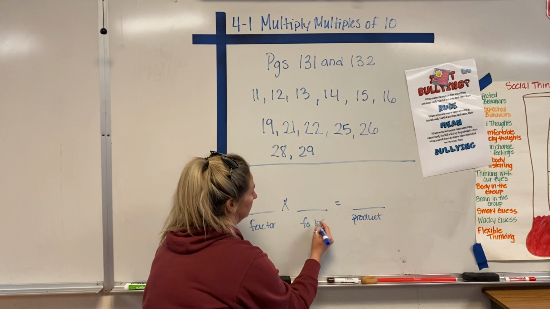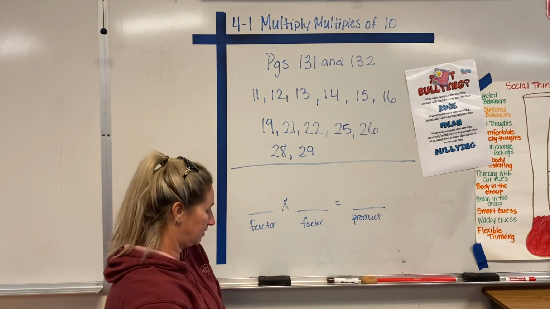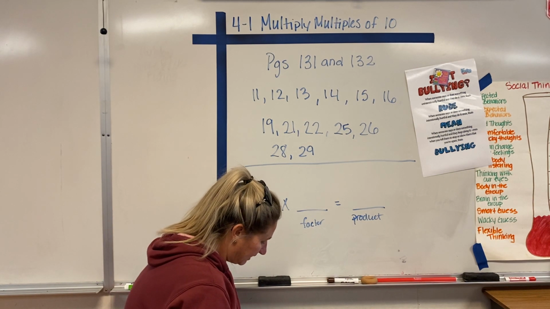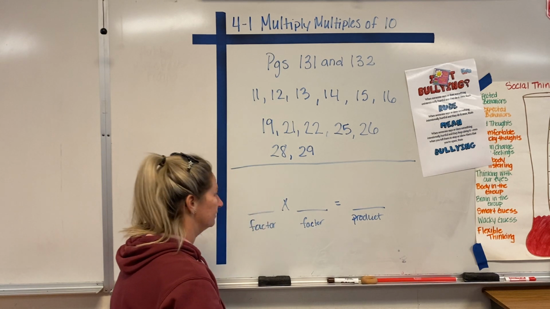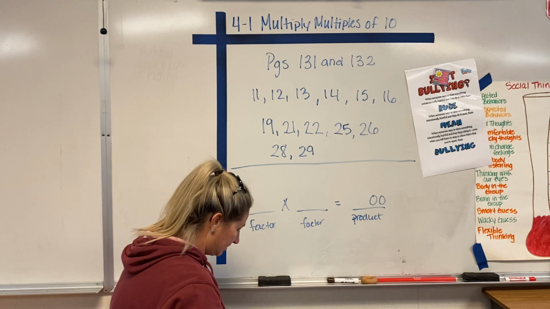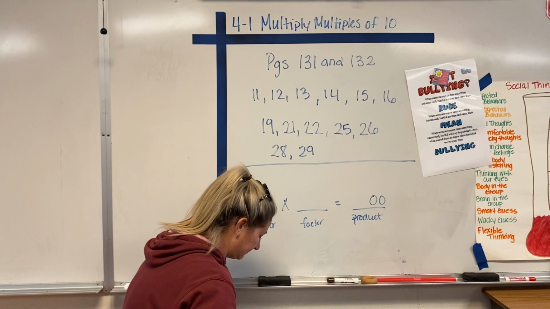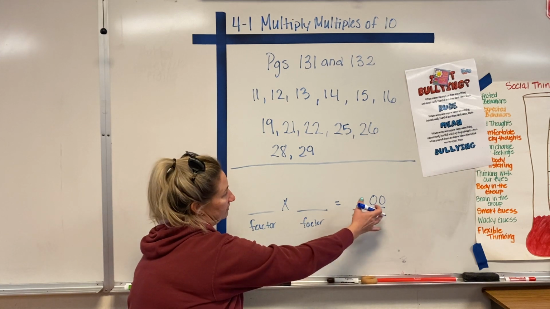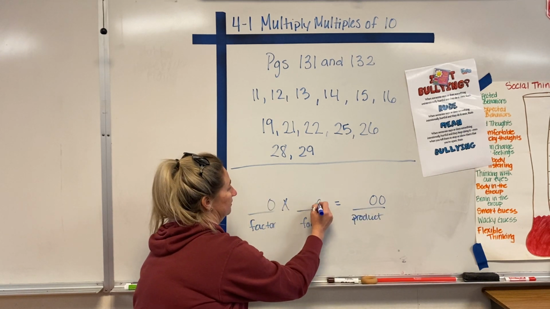If you multiply two factors together, you get a product. So a product that will have the same number of zeros, so let's just make it 2, as the factors. If I have 2 zeros there, I'd have to have 2 zeros over here.